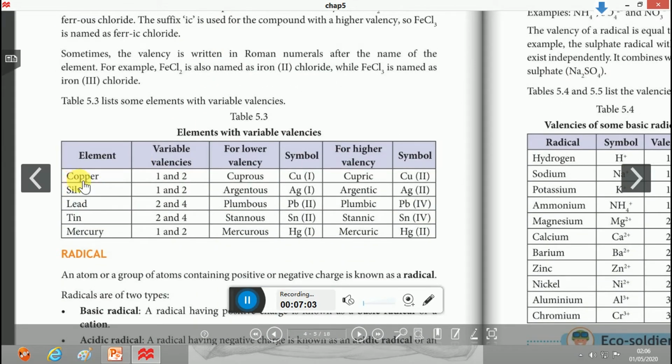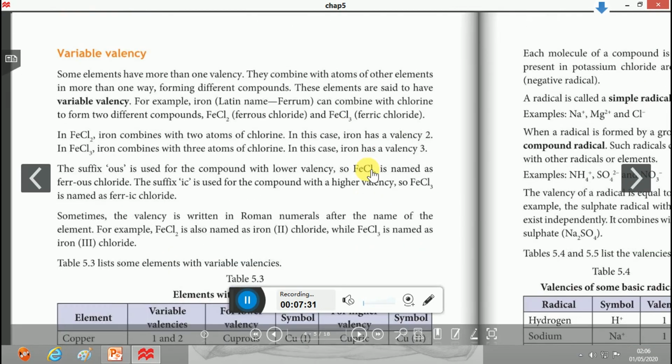Copper has two valencies, 1 and 2. For lower valency, the suffix -ous is important. Copper with lower valency is cuprous, and copper with higher valency 2 is cupric. The symbols are Cu(I) for cuprous and Cu(II) for cupric.